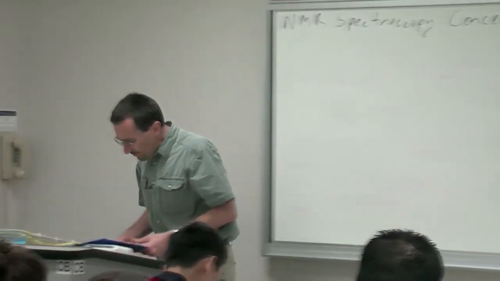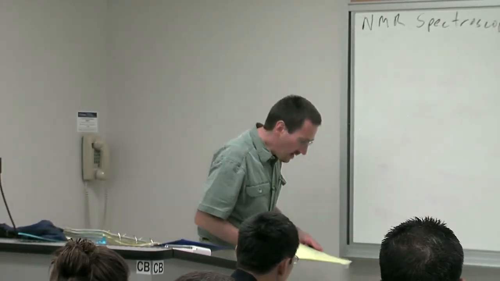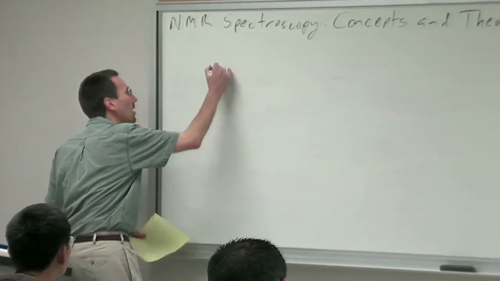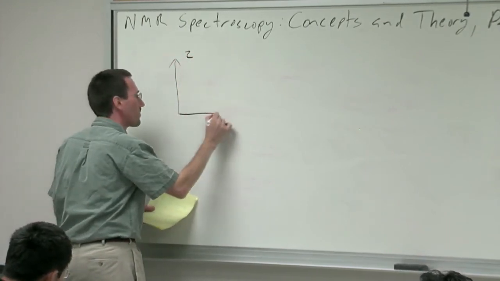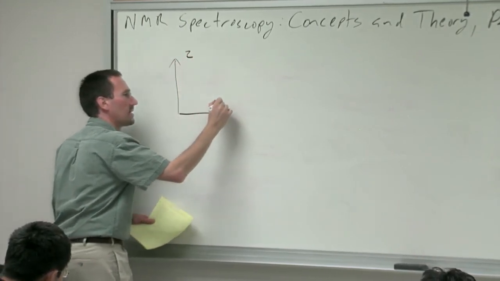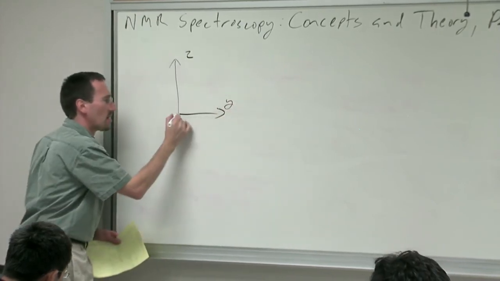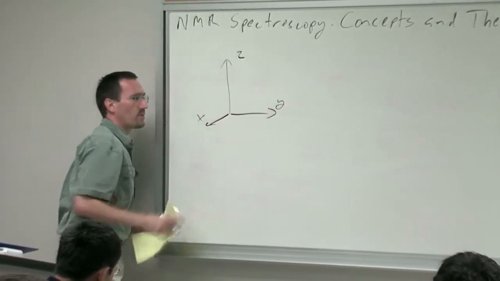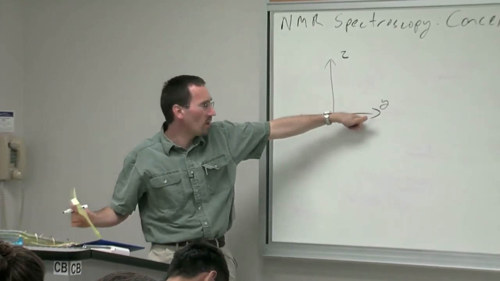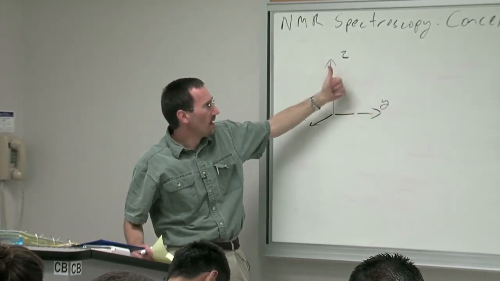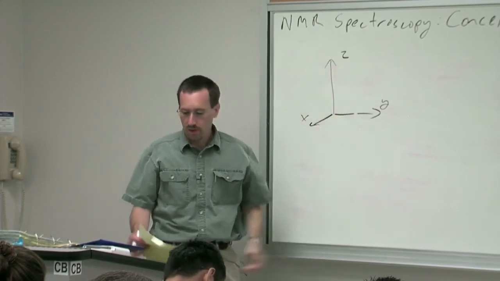All right, so if we think about things in an XYZ coordinate frame, and I'll talk more about an NMR spectrometer in a second and how it works. But imagine for a moment we have some coordinates. So the x coordinate is coming out of the plane, the y coordinate is in the plane, and the z coordinate is pointing up.